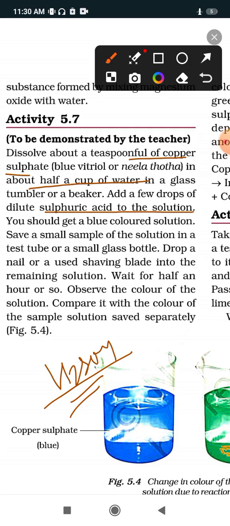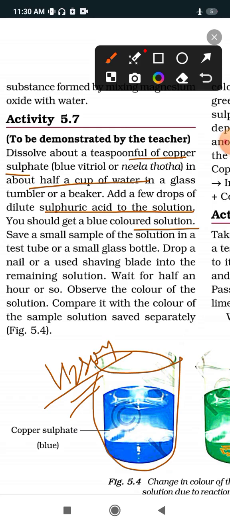Clear? You should get a blue colored copper sulfate solution. Save a small sample of the solution in a test tube or a small glass bottle. We will take this sample in another test tube.